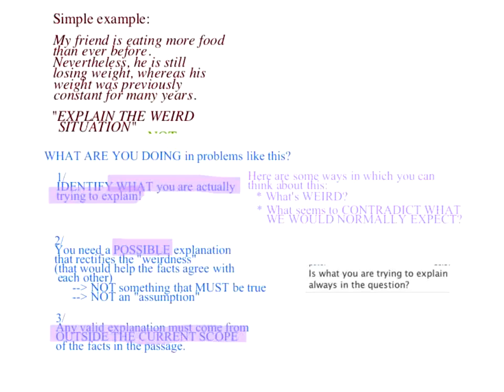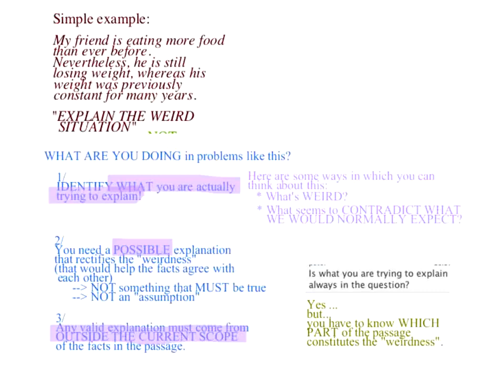But it also needs to be said that there is stuff in the question that you don't have to explain as well. So yes, but you have to know which part of the passage constitutes the weirdness.